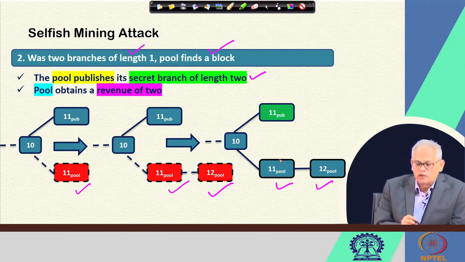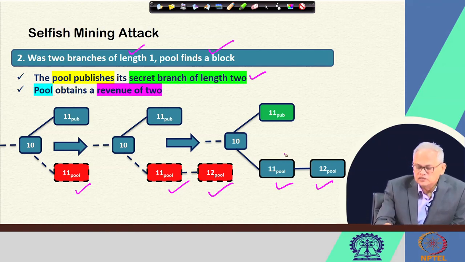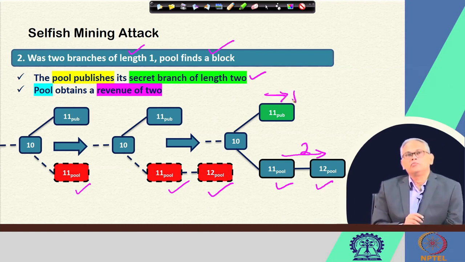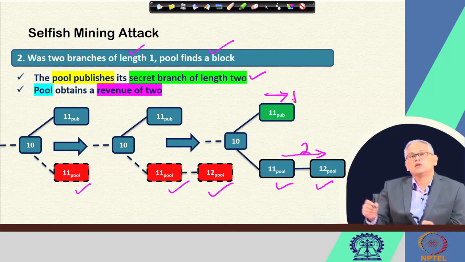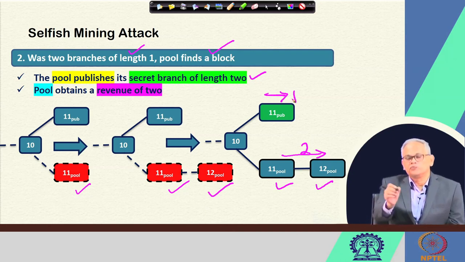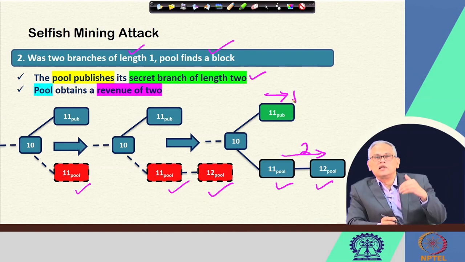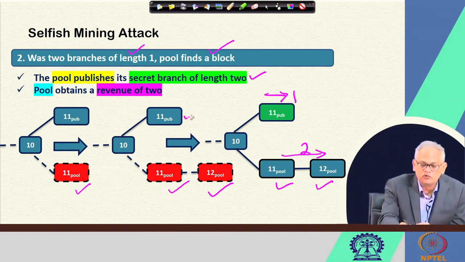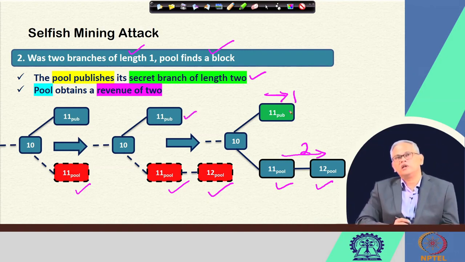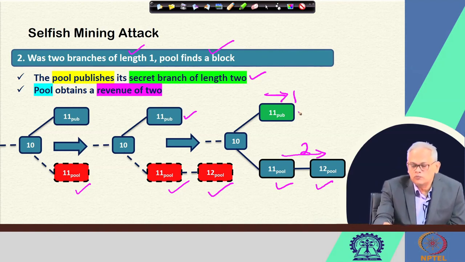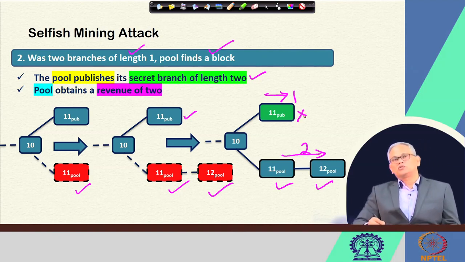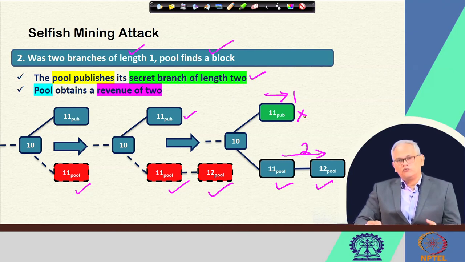But as soon as this is published, this chain now has a length of 2 and this has a length of 1, which means this is a longer chain, and hence the general public's 11 pub which was there before is now colored in green, meaning that this is not going to fetch any block generation revenue for the public or whoever had mined that particular block.